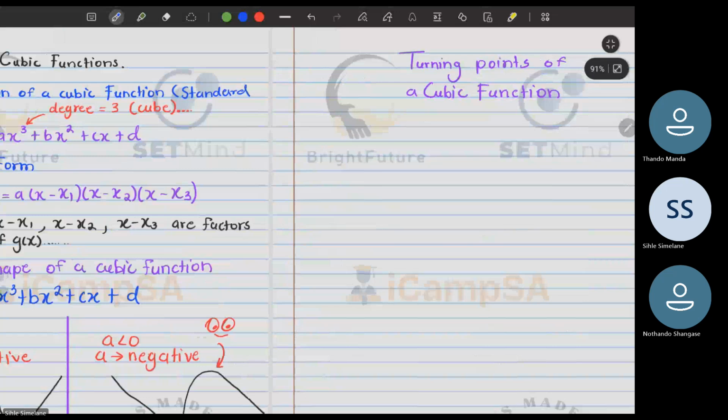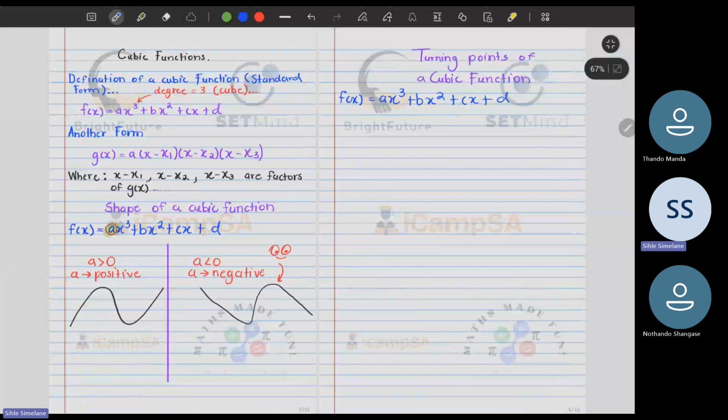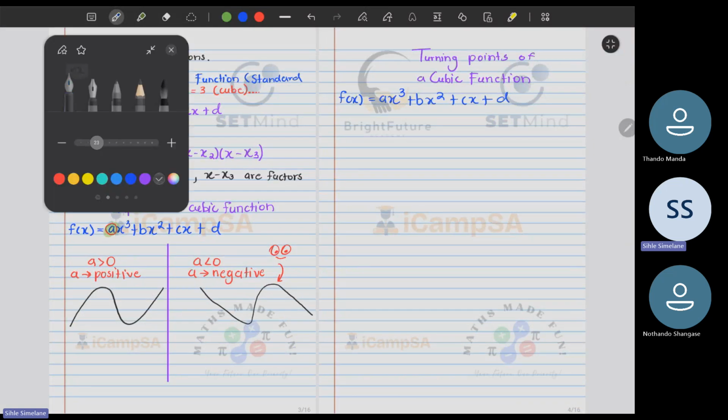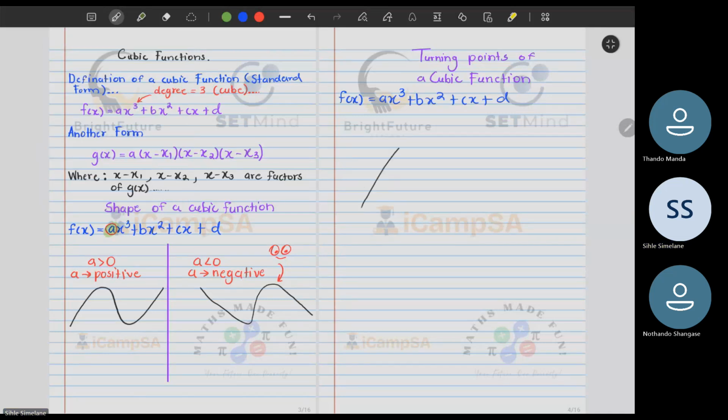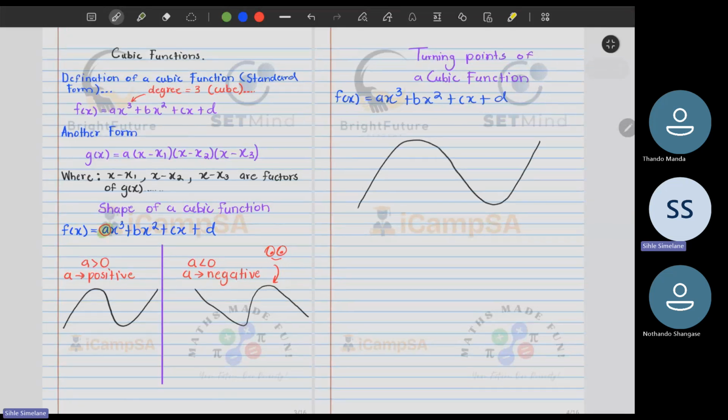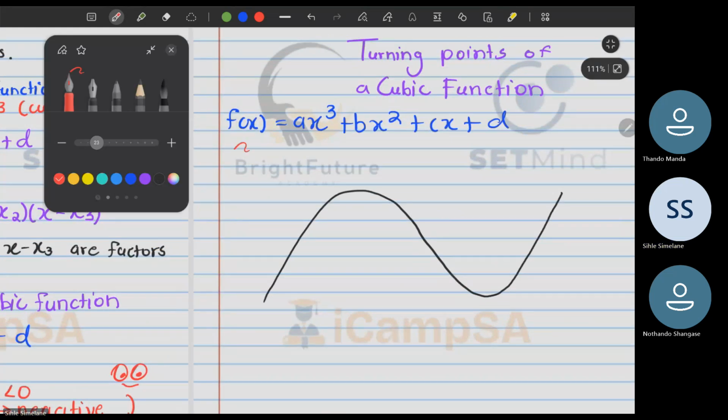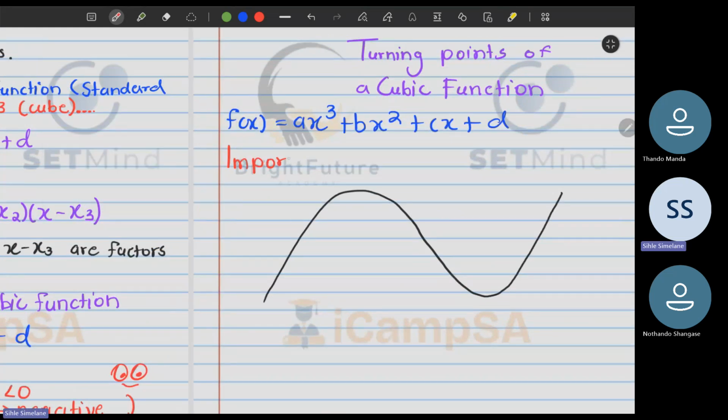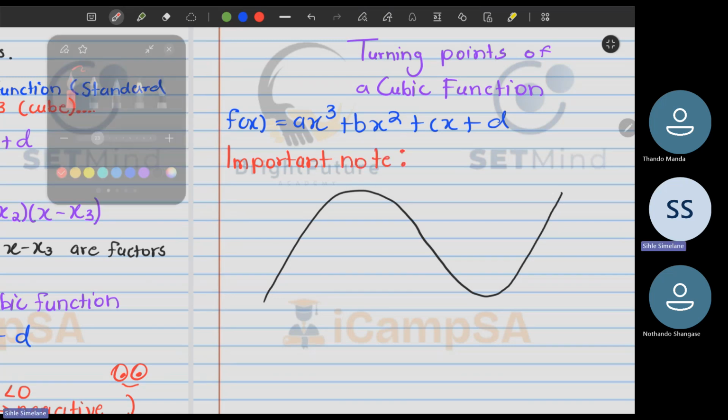Well, we still have our f of x equaling ax cubed plus bx squared plus cx plus d. So if you look at our function, you will see that it has 2 turning points. So if you remember, we have one of our functions looking this way. So what you should see is this important note.